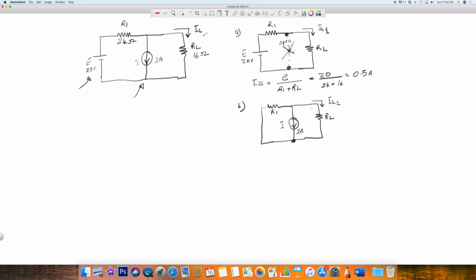Okay, so when you look at the circuit like this, it is equivalent to saying, okay, well, what we have is something like this. I'm just going to draw several circuits so you're comfortable with the configuration. This is not any different. So this would be R1, this would be RL, and then this will also be equivalent to the current source being here, and these two resistors in parallel.